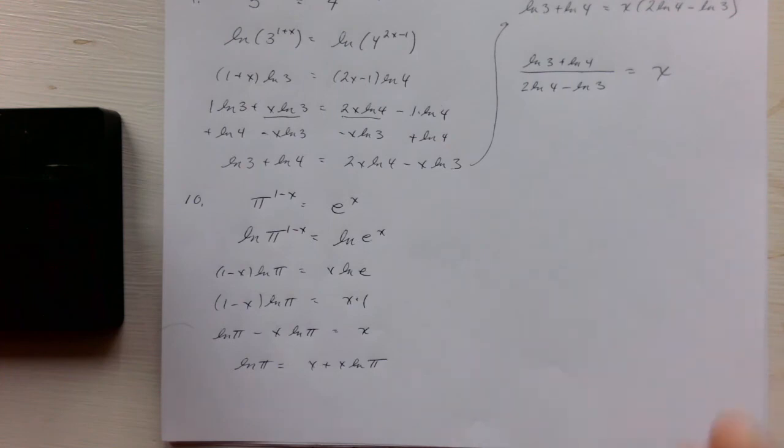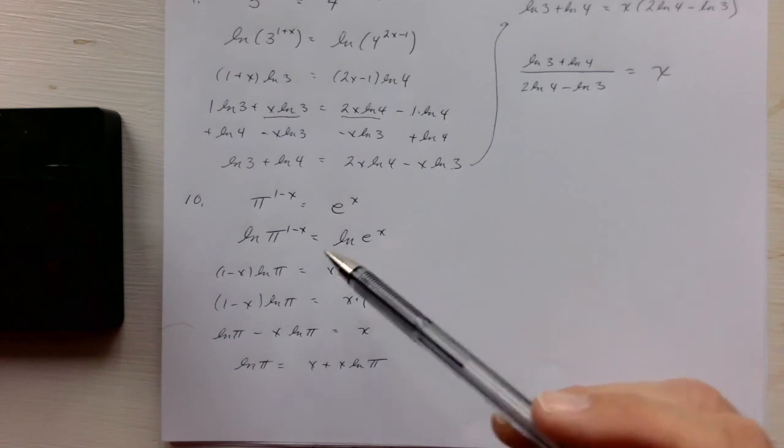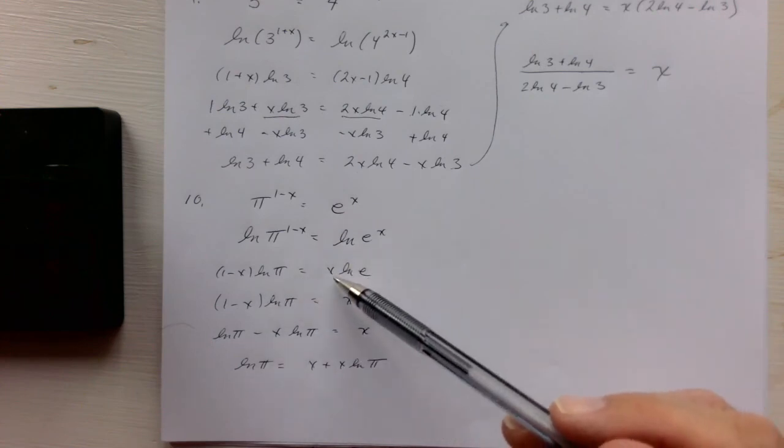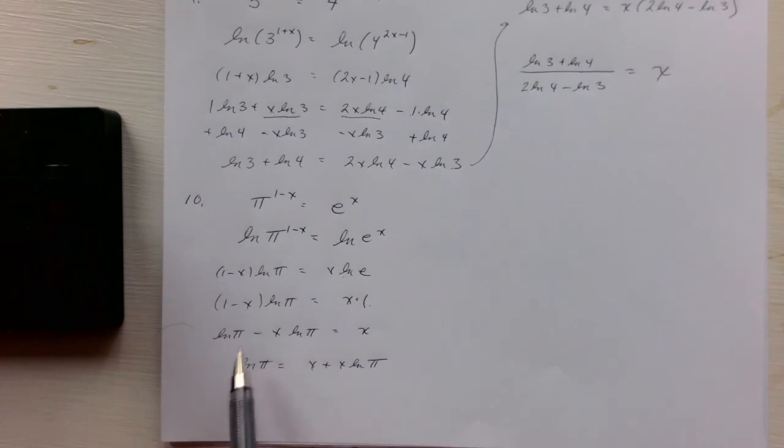Okay, hopefully you made the first step okay. You just took the natural log of both sides, brought out the 1 minus x, brought out the x here. Natural log of e is 1. If you left it as natural log e, that's fine. But then you distribute the log pi. You have an x term here, an x term here, so you add x log pi to both sides.